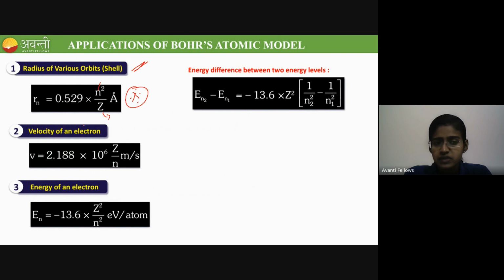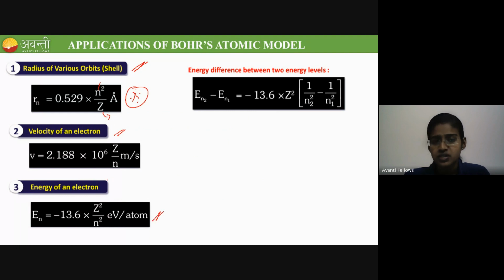Next, we can find out the velocity of an electron by using this formula: 2.188 into 10 power 6 into z by n, where z is the atomic number and n is the number of the orbit again. The energy of an electron can be calculated by minus 13.6 into z square by n square, in terms of electron volt per atom.